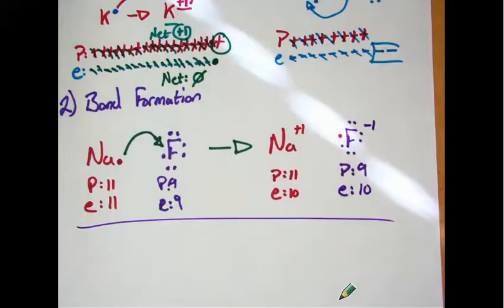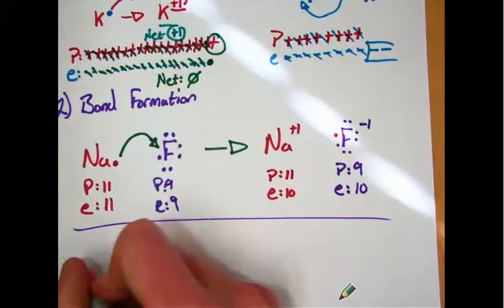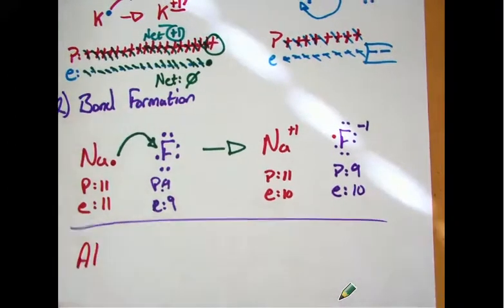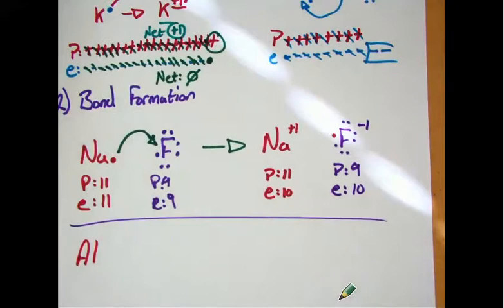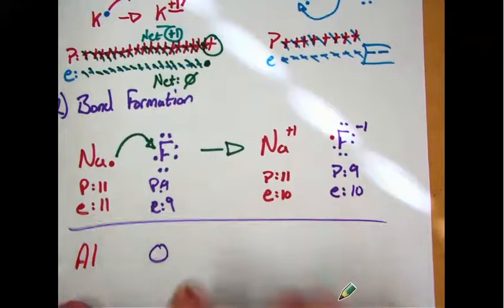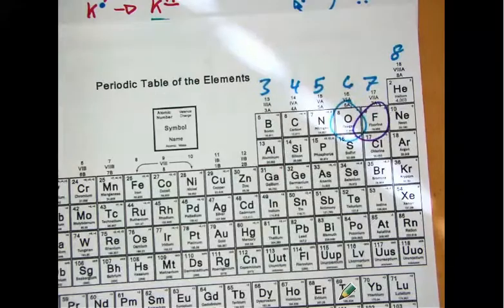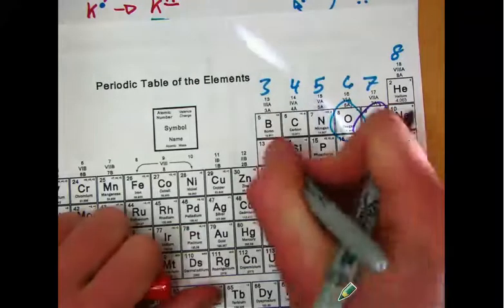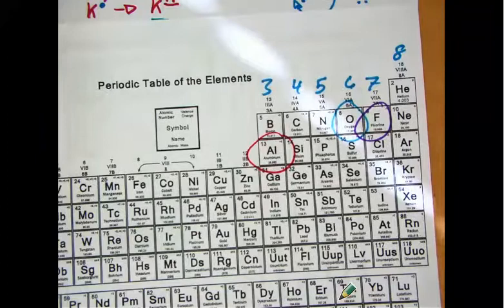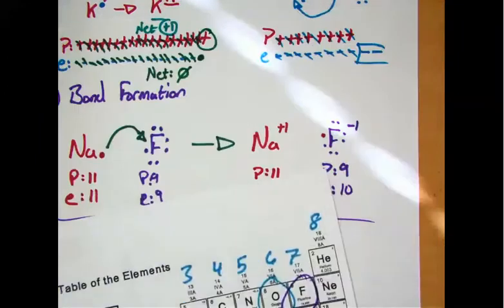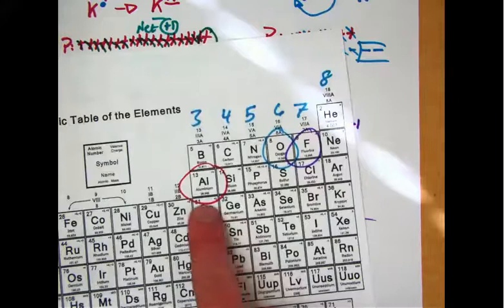We're going to do one more example because they all are not perfect just like this. Our next example, we're going to take aluminum as our cation, and then we're going to use oxygen as our anion. We're going to do that one in purple. Now, aluminum is right here on the periodic table. We see atomic number 13. So that means that that aluminum atom has 3 valence electrons.